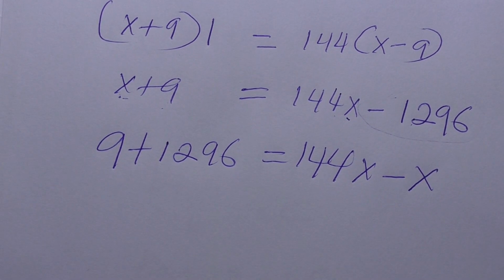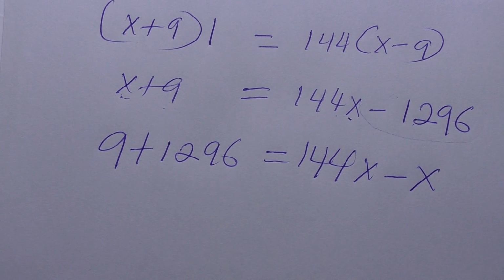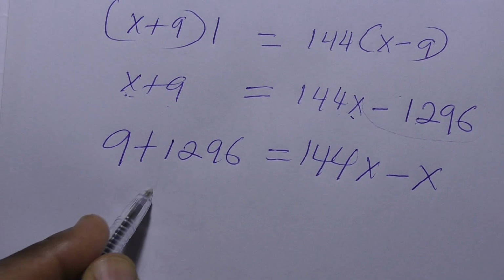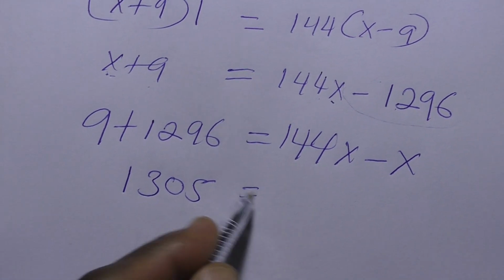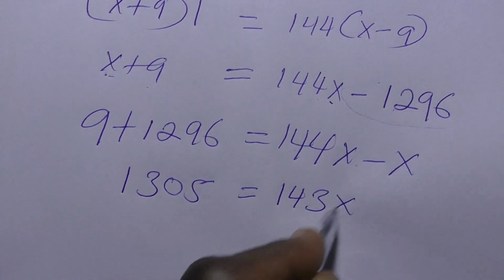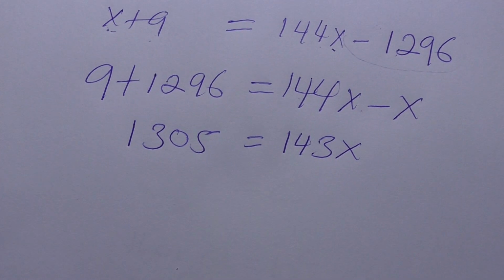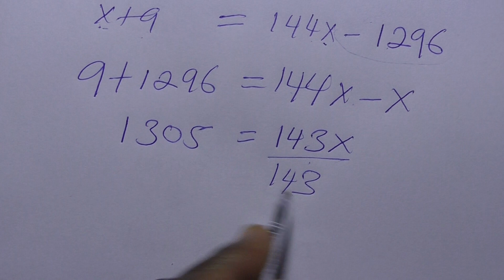Hence, if we add 9 plus 1296, that gives us 1305 equaling to, we subtract 1, we get 143x. For us to get the value of x, we divide by 143.